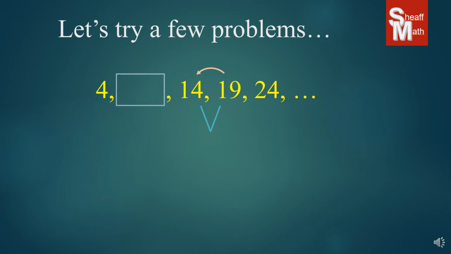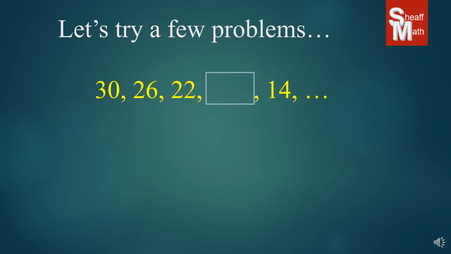So 19 minus 14 is 5. So 5 is the common difference in this. And so 24 minus 19 is positive 5 as well. So we go to our number right before the empty box, 4, and if it's going up by 5, then 4 plus 5 makes 9. And so that's how you solve this problem.